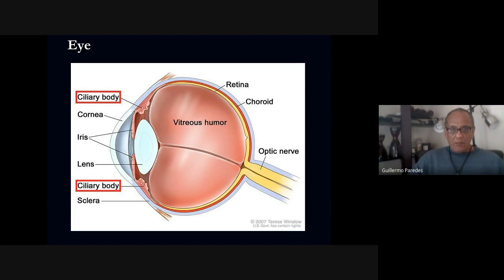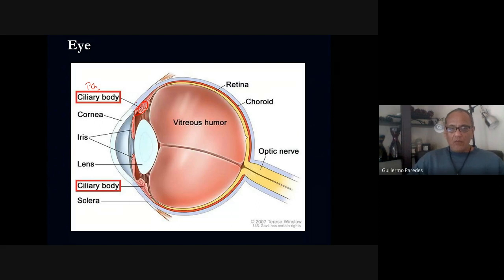In the posterior chamber, in between the iris and the lens, we have this structure called the ciliary body. First of all, where is the ciliary body? In the posterior chamber.